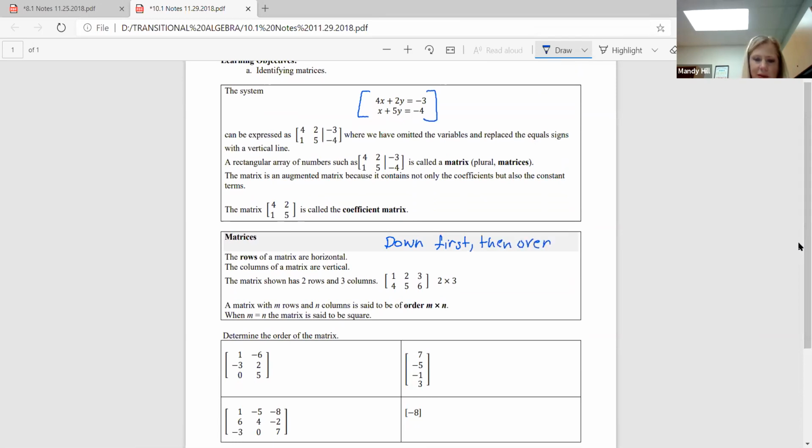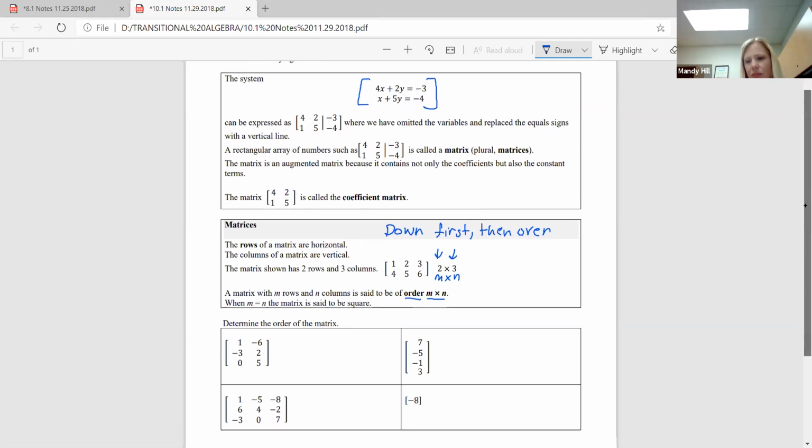So if I go down first, when I'm counting this, I have 1, 2 rows, and then 1, 2, 3 columns. So 2 rows, 3 columns. And there's a special way to talk about that, and they call it the order, M by N.